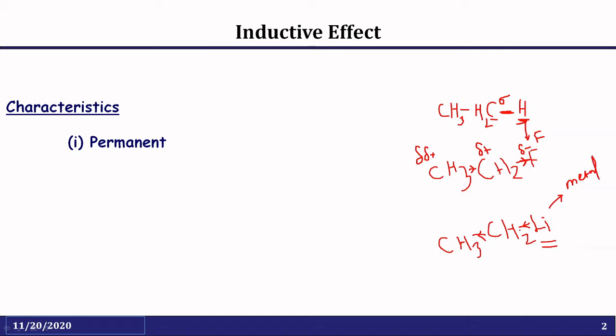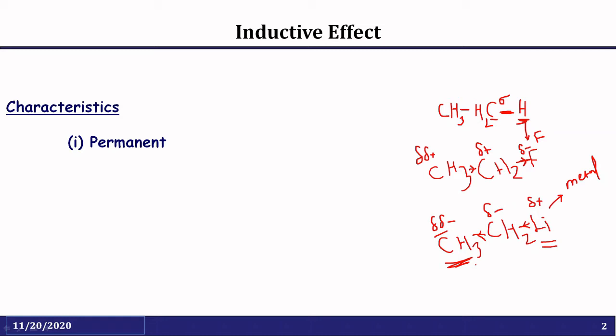Hence carbon gets the electron through this sigma bond. So now lithium carries a positive charge and carbon carries a negative charge. This induces a small negative charge on the adjacent carbon atom, the carbon attached to this carbon atom. So this is called the inductive effect.